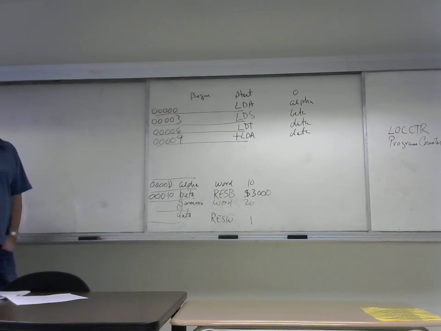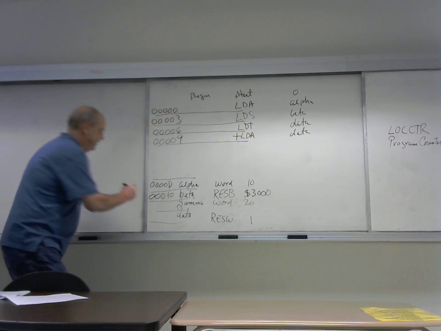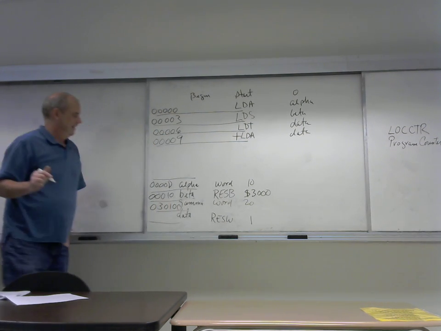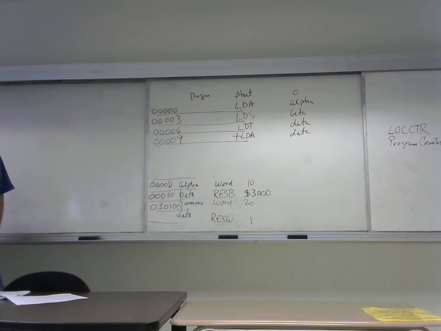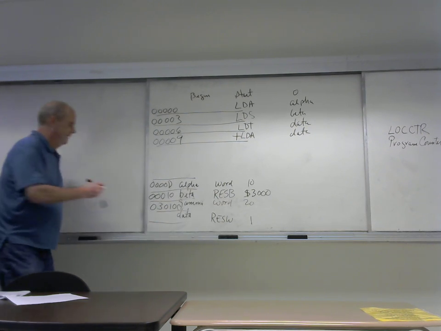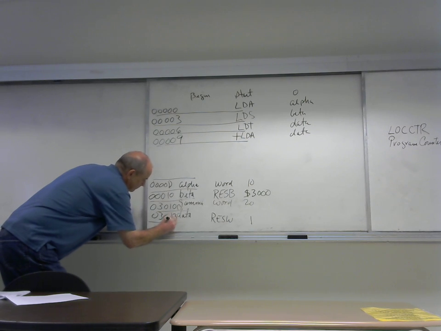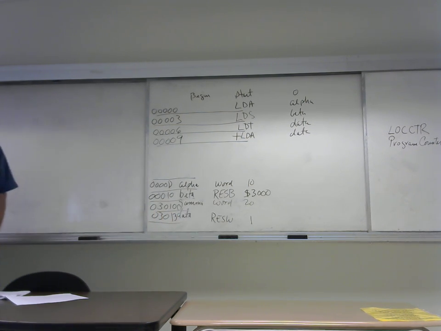And gamma. 3010. Okay, and data. 3070. Right? Okay. So does everybody agree? I didn't mess up? We got it right?